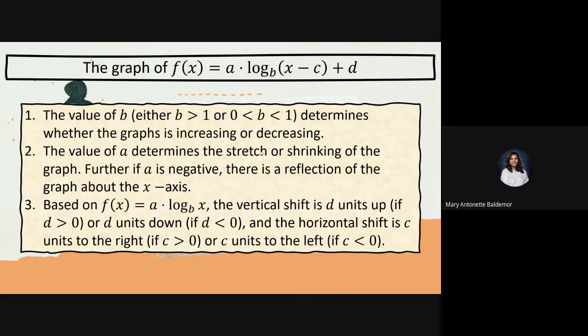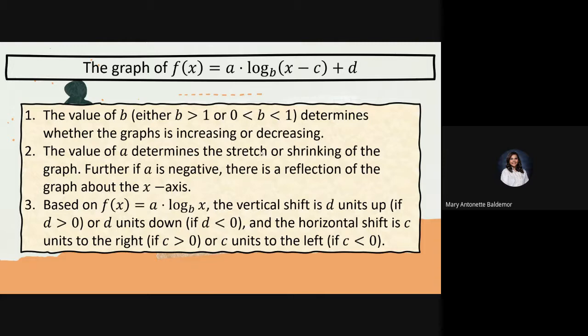First, the value of b, either b is greater than 1 or b is greater than 0 but less than 1, determines whether the graph is increasing or decreasing. The value of the base describes whether the graph will be increasing or decreasing. Number two, the value of a determines the stretch or shrinking of the graph.